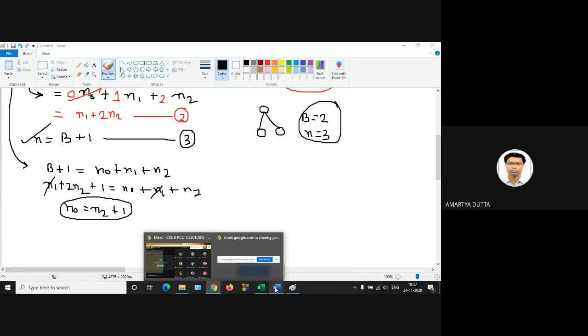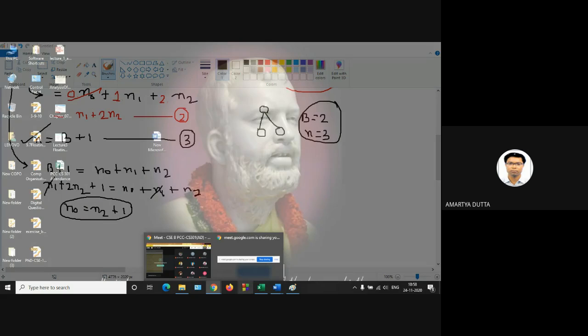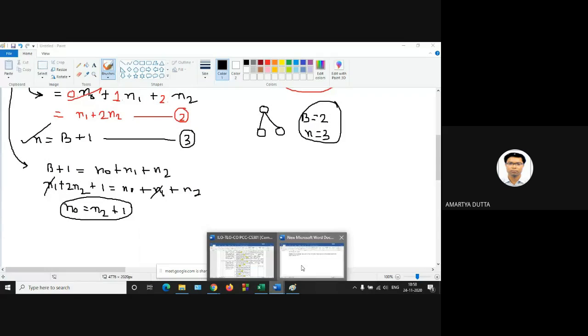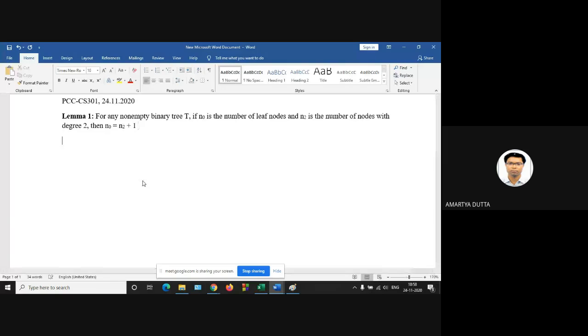Now, can you find out the maximum number of nodes?